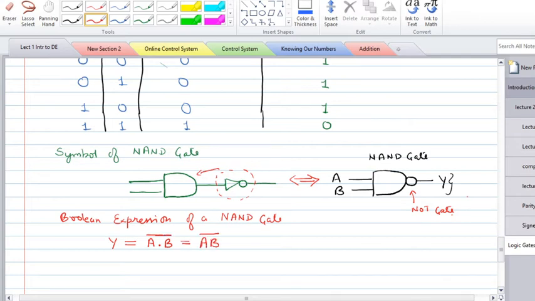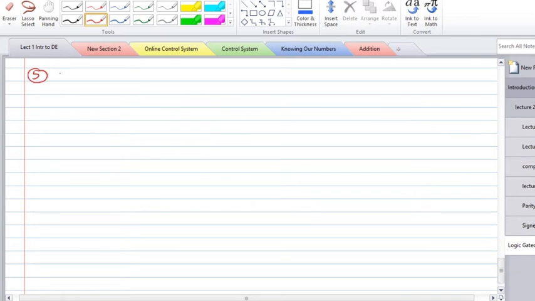Okay, now let us see the NOR gate. NOR gate does the inverted operation of an OR gate. So you can call it a NOT of OR gate.